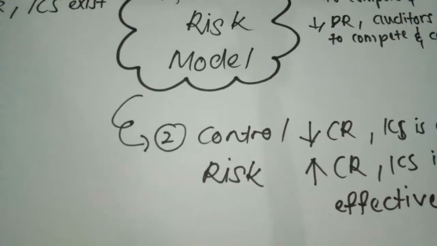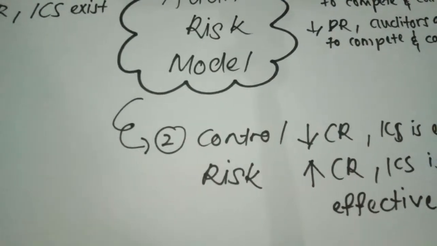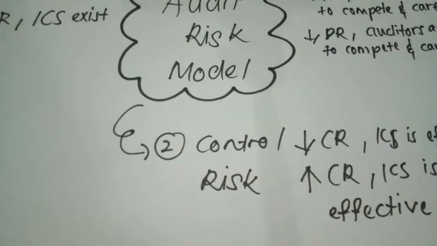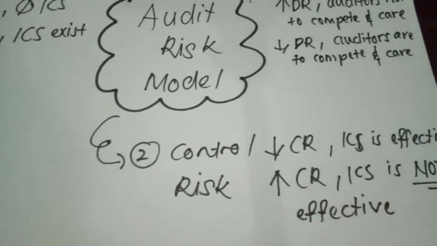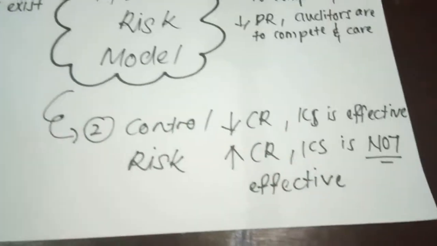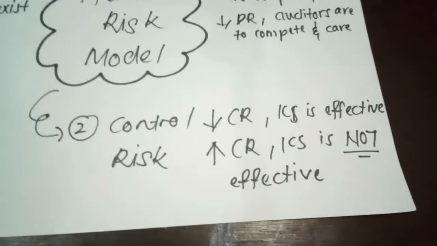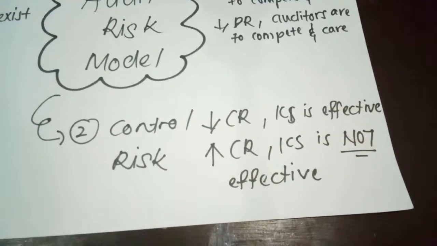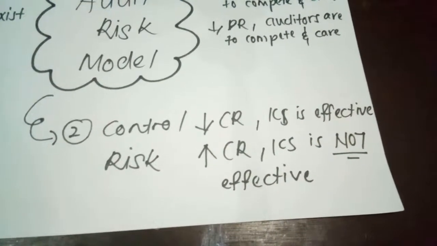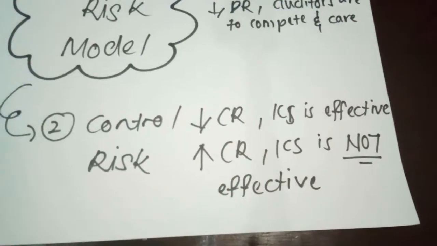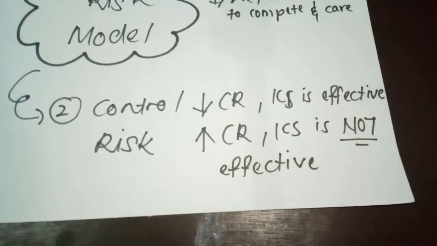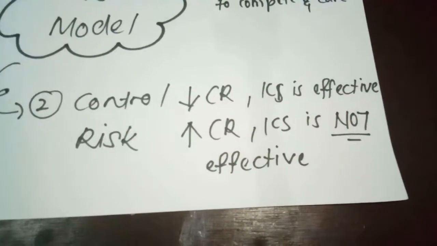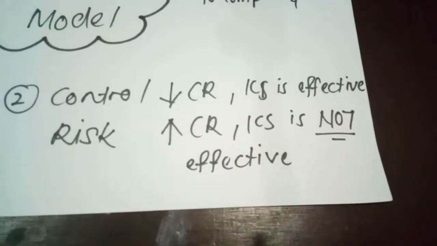The first one is the segregation of duties, and the second one, inherent limitation of internal control. As for the percentage of the control risk, if the ICS is effective, the percentage of the control risk will be lower. However, if the percentage of the control risk is higher, the ICS is not effective.